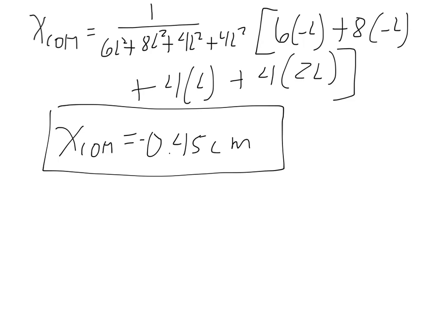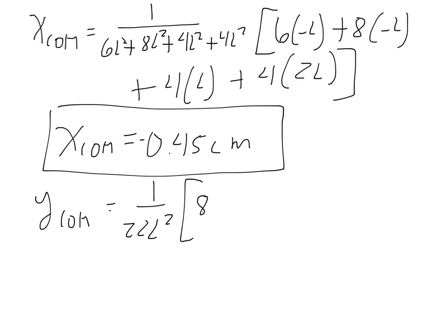We can do the exact same thing for the y component of the center of mass. For the y component, we once again have the exact same denominator, which is 1 over 22L squared. That's 6 plus 8 plus 4 plus 4. And now we multiply by the masses multiplied by the y components of the center of mass.